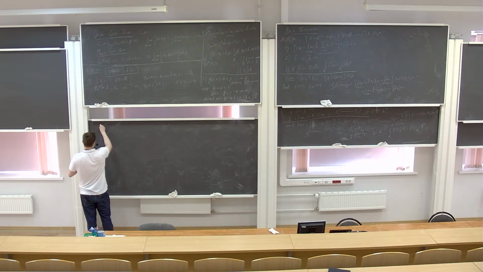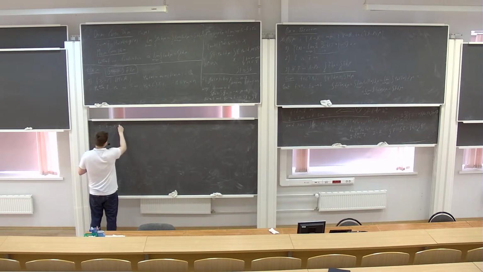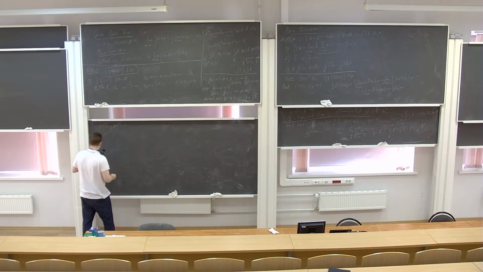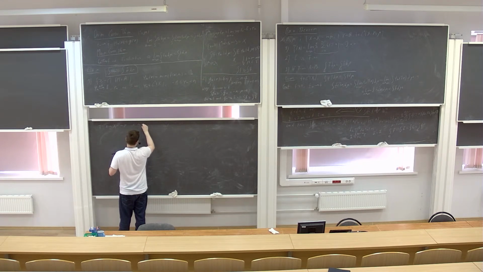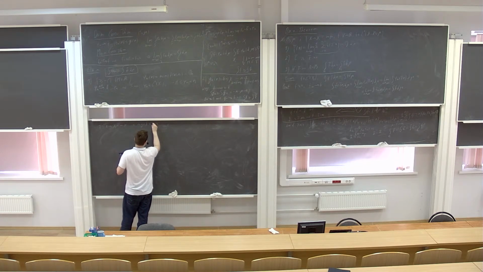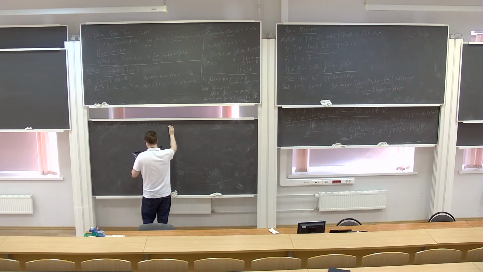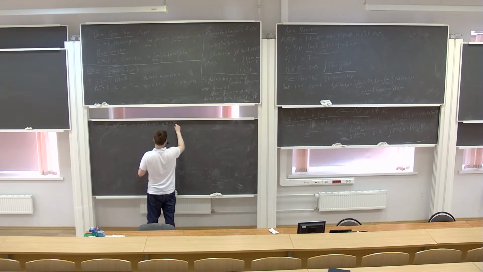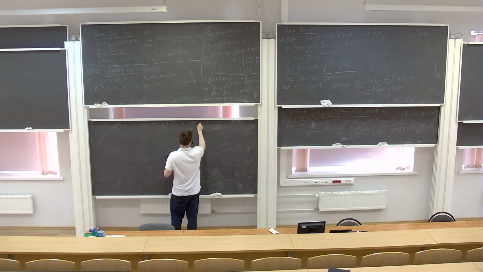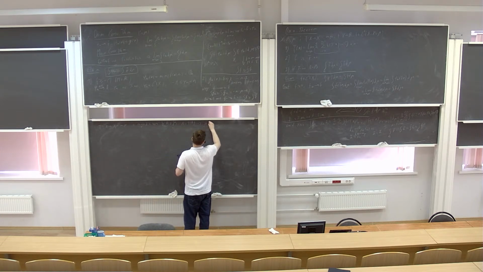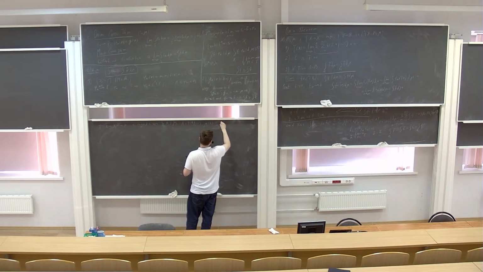So T from X to X, obviously a measure preserving function on our space X, is ergodic if for any A from our Borel sigma algebra such that A is T invariant, the measure of A is either 0 or 1.